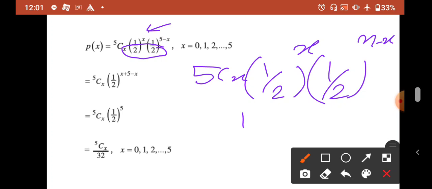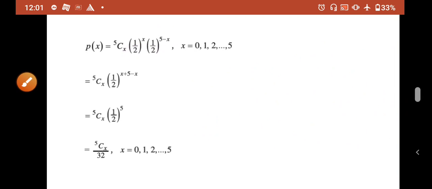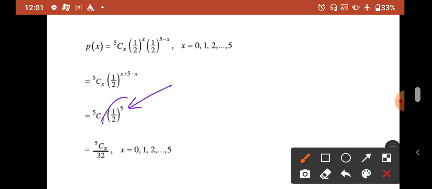So ultimately it will be 1 by 2 to the power n. If you are finding 5c2, it means 1 by 2 power 2 and 1 by 2 power 3. Ultimately it will be power 5. So for ease of understanding, we'll write 1 by 2 power 5.